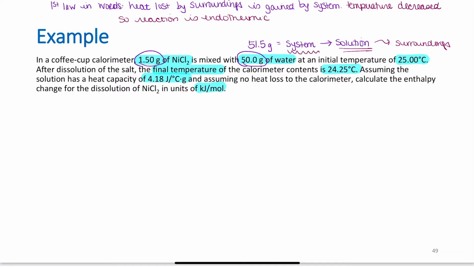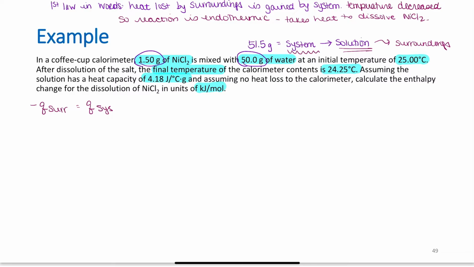So we think about the system as being at 51.5 grams, but really that system is a solution. The solution contains your system and your surroundings. This is endothermic. It takes heat to dissolve your nickel chloride. So my surroundings lost heat. My system gained heat.